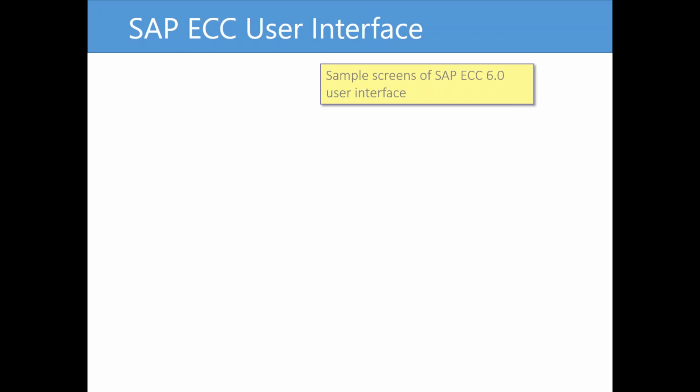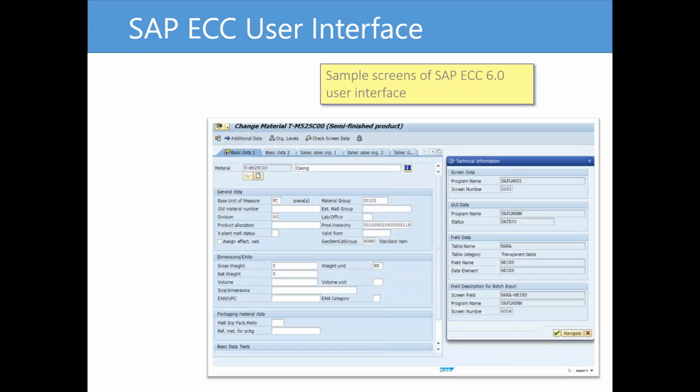Now, let me share a couple of screens with you. First, I'll start out with the good old ECC user interface. So this is a screen that you're probably very familiar with. It's the regular SAP GUI screen. And this screen, for example, is a good example of what we call a data dense screen.